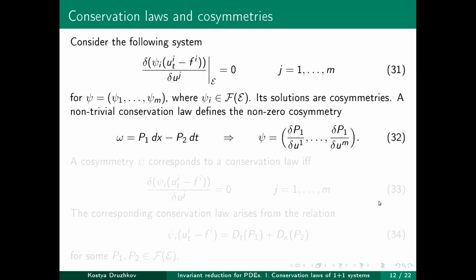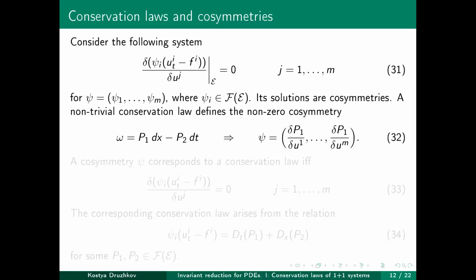How can we determine that the conservation law is invariant? It's convenient to use cosymmetries, conservation laws in this sense. Consider the system given by formula 31. We have the variational derivative of the combination, and we require that the variational derivative must vanish on the equation manifold, on epsilon.